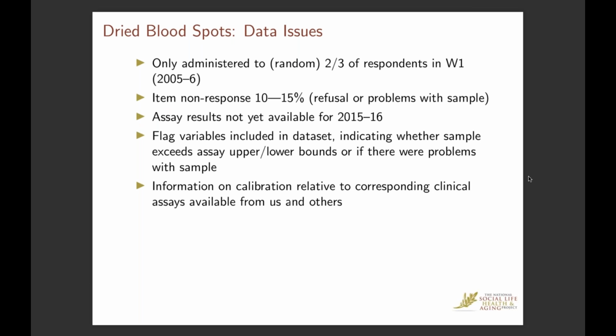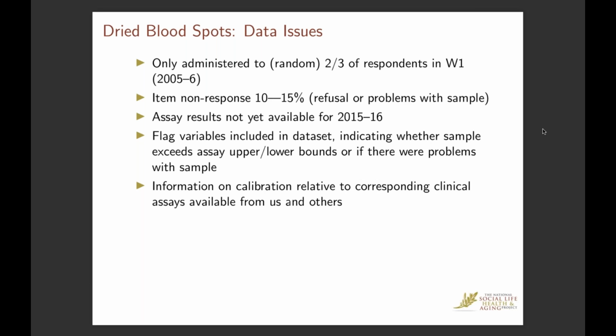Now, in the case of the dried blood spots, things are a little trickier. For those of you who are familiar with our data, this was only administered to 2/3 of the respondents in wave 1, a random 2/3, but then the blood spots were administered to everyone in wave 2 and wave 3 and subsequent. There is a bit of item non-response. It's actually quite good, but somewhere between 10 and 15% for a given assay.